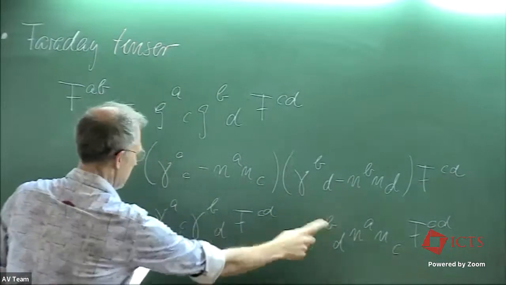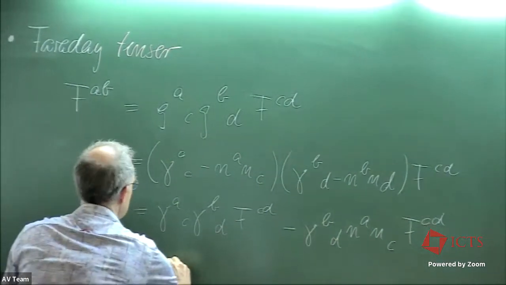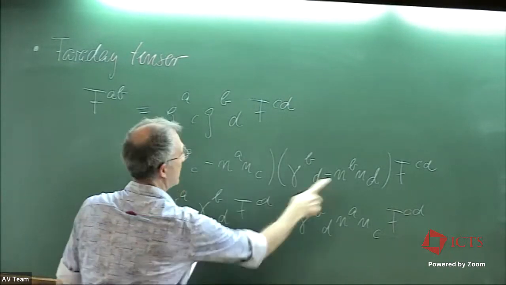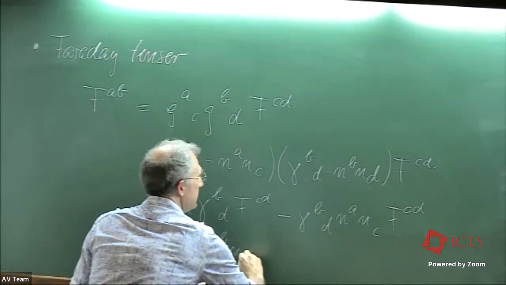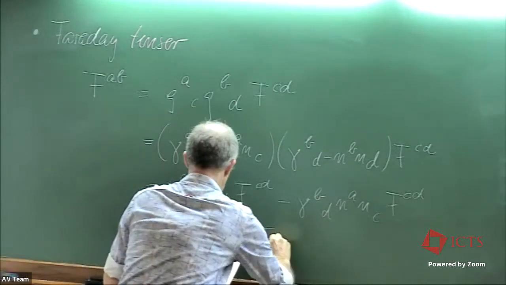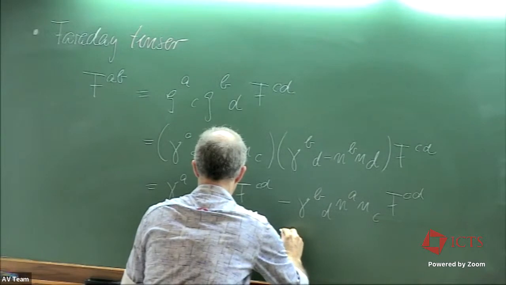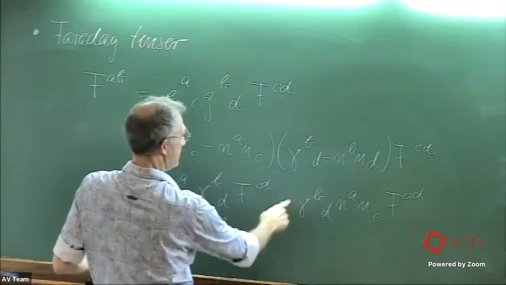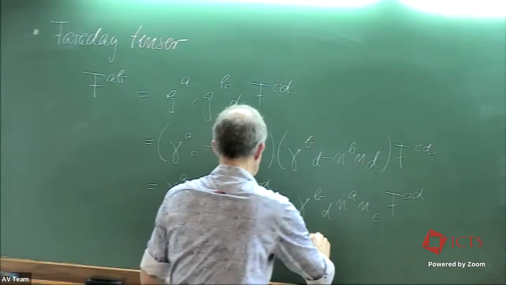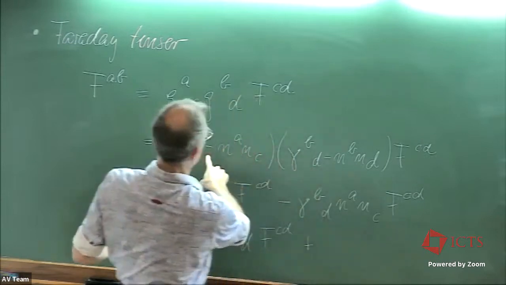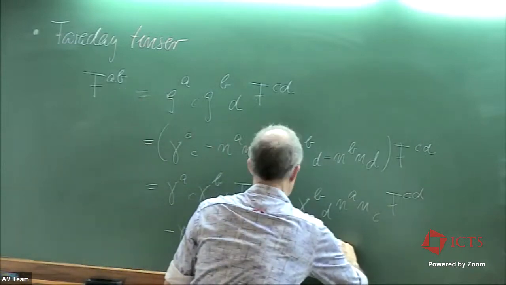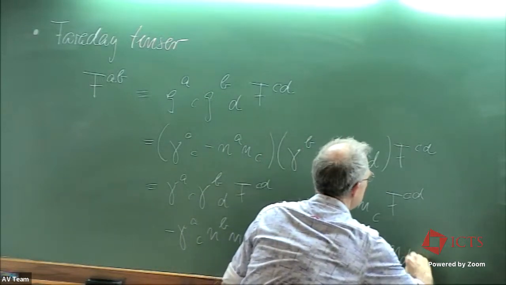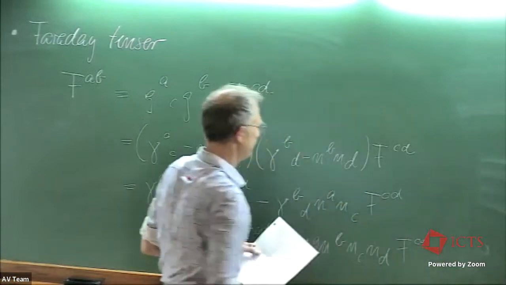Then I have a permutation of that, which would be minus gamma_A^C n_B n^D times F_CD. Am I doing that right? No, I think I'm mixing these up. So this is gamma_A^C, and then n_B n^D, and then F_CD. That's right. And then I have a plus, because the two minuses cancel: n_A n_B n^C n^D times F_CD. You agree?